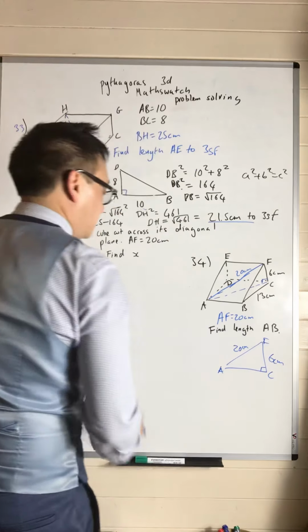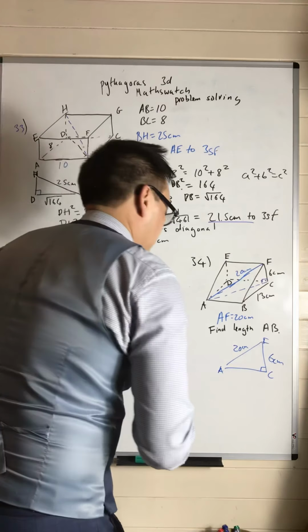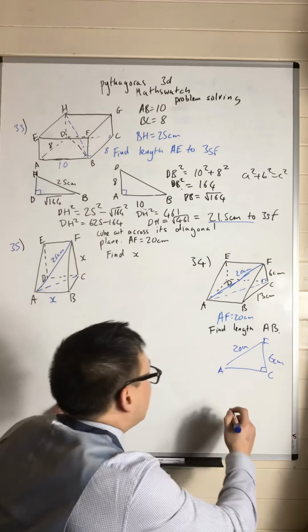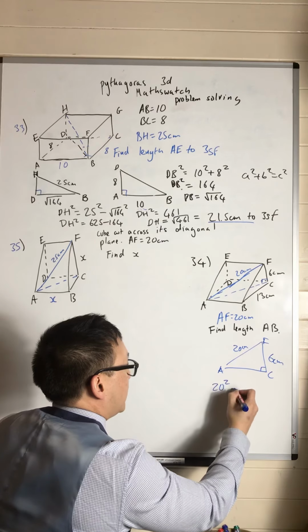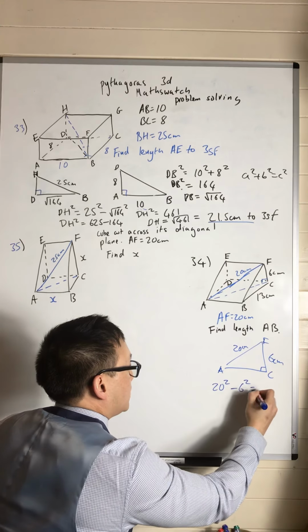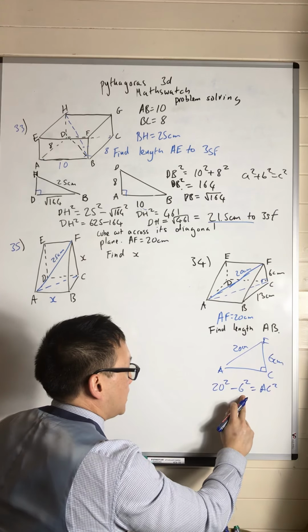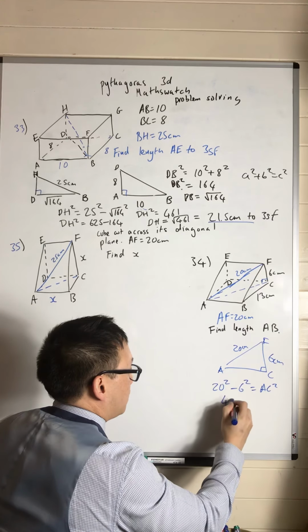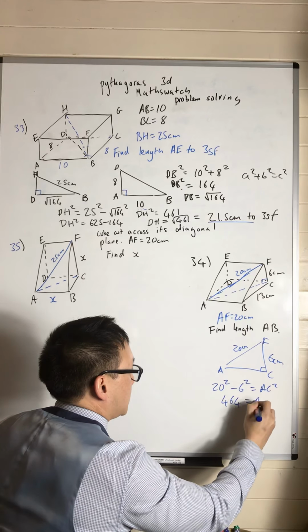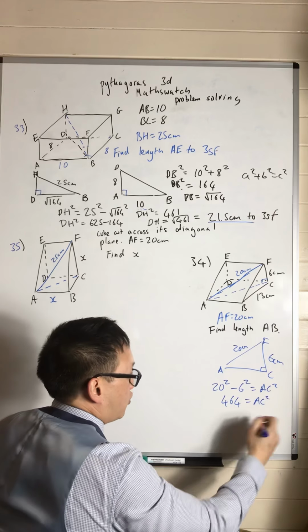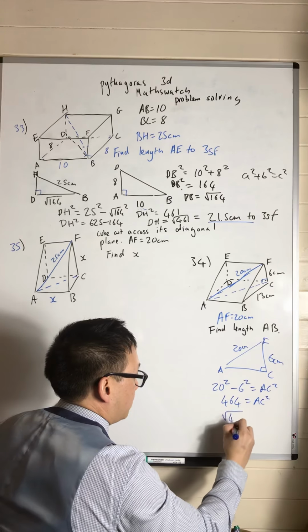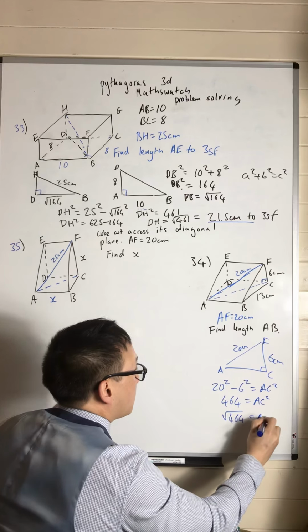That's a right angle. So we're going to find a shorter side, so you know that 20 squared minus 6 squared equals AC squared. That's going to be 400 minus 36. So that's going to be 464 equals AC squared. Square root both sides, so square root of 464 equals AC.